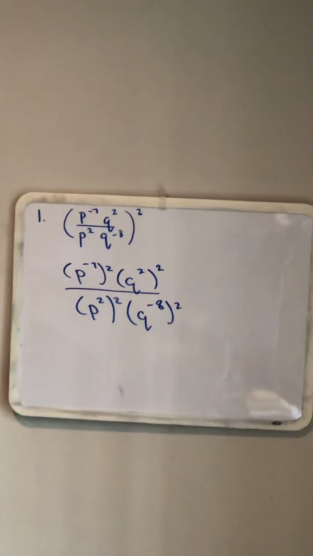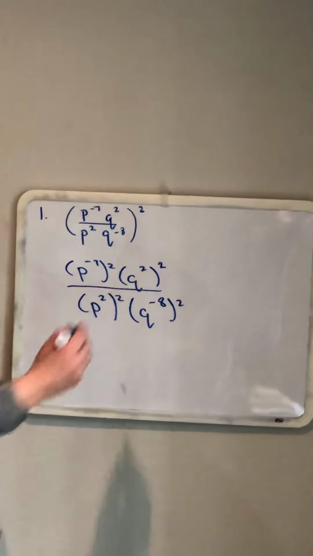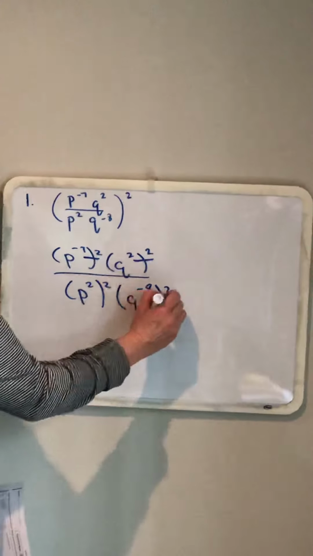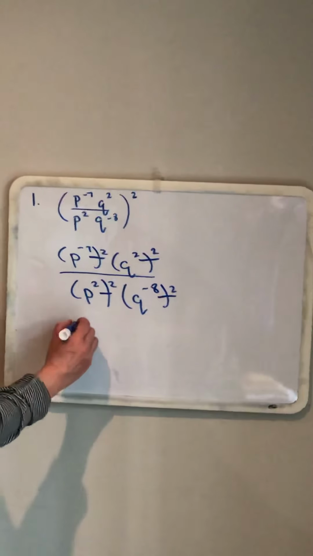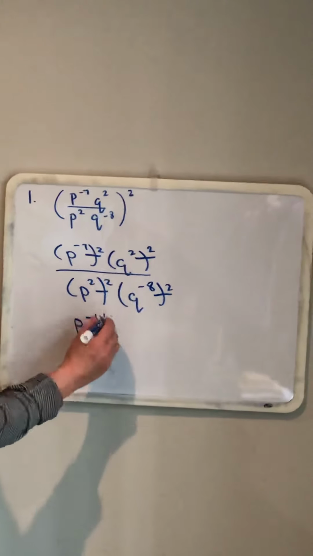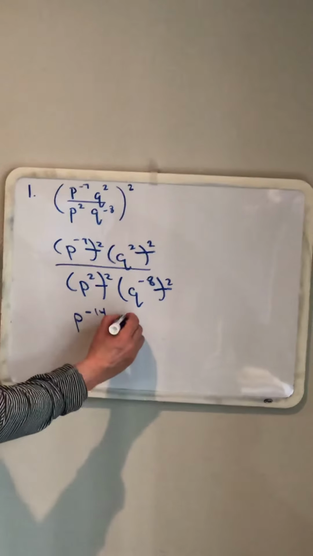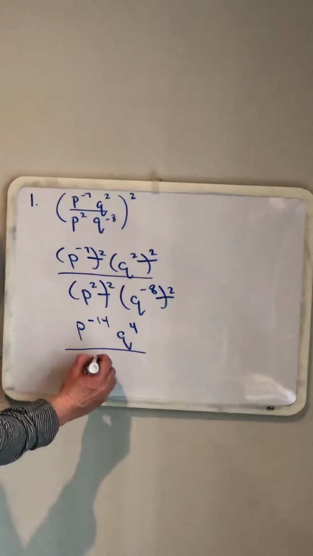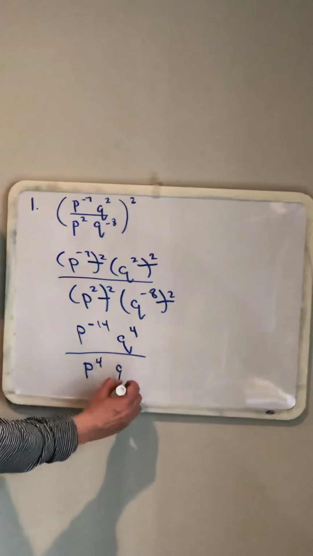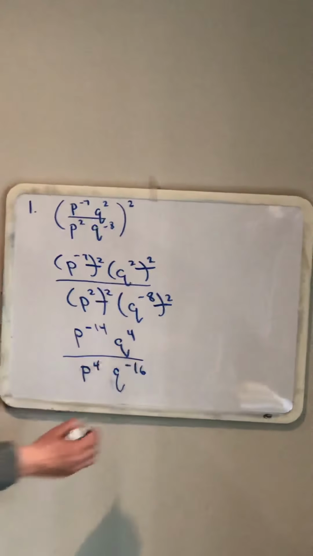Now you remember from last week that when you have inside-outside exponents, they get multiplied. So this ends up to be P to the negative 14th, Q to the 4th over P to the 4th, Q to the negative 16th.